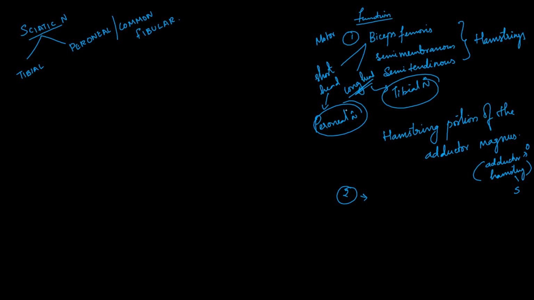The sciatic nerve gives off terminal branches, which give off cutaneous branches and supply the skin over the lateral leg, heel, and both dorsal and plantar aspects of the foot.